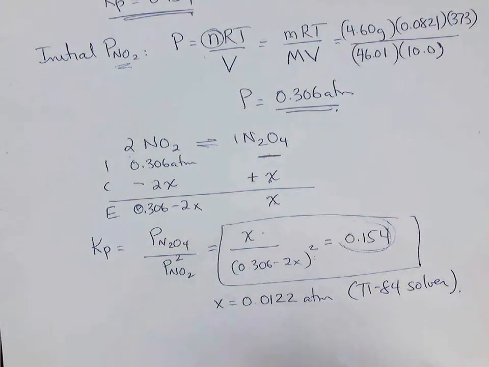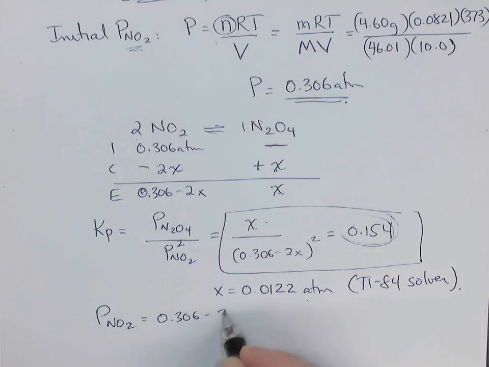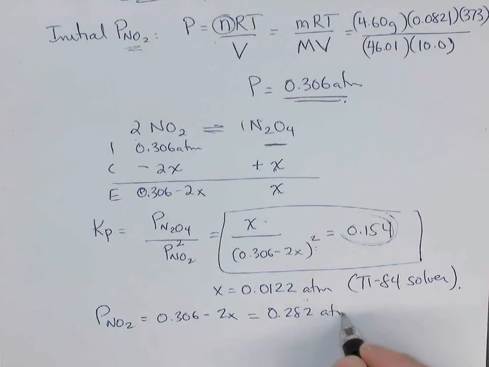Alright, since we know that x is 0.0122, we can look back at our ice table now, and we can argue that the pressure of NO2 is 0.306 take away 2x, so 0.306 take away 2 times 0.0122, and I get 0.282 atmospheres.